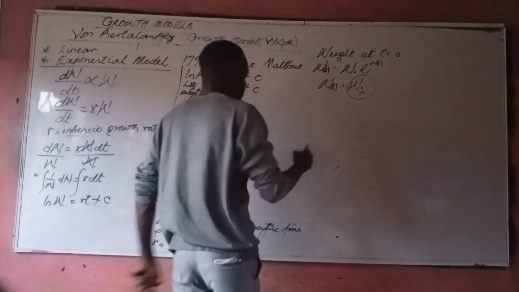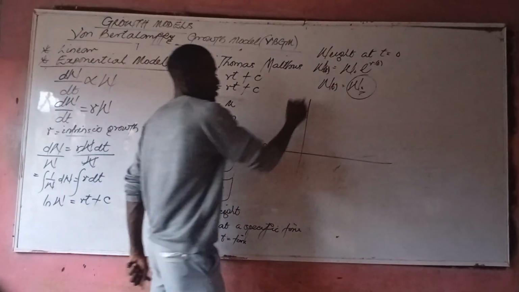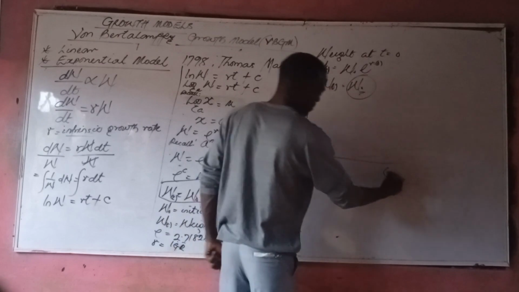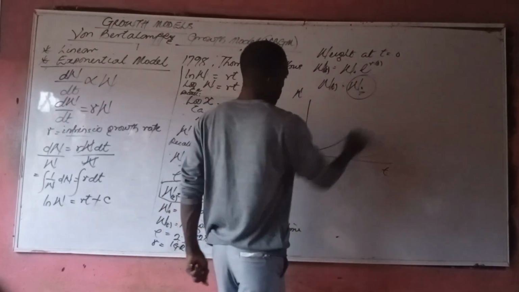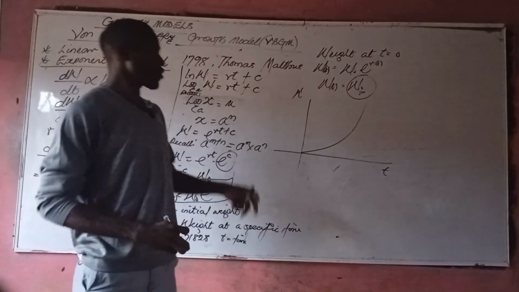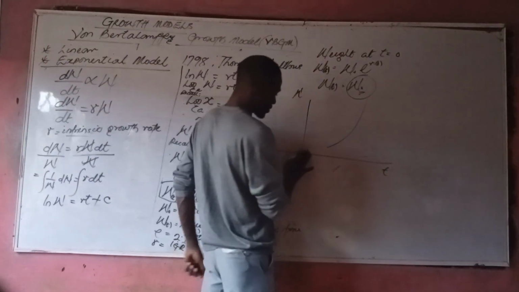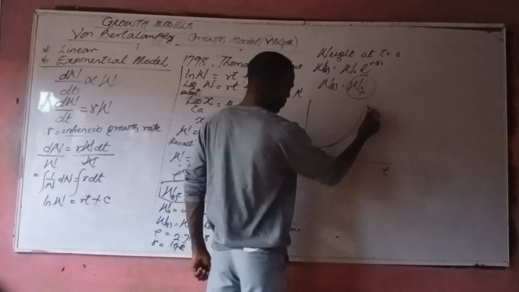Now, graphically speaking, how does this look? The graph of this, which is going to be weight against time, is going to look something like this. I'm going to explain the graph because the graph is of specific importance to our modeling as well. Of course, it's not going to start from scratch here, so let's say it starts from somewhere here.